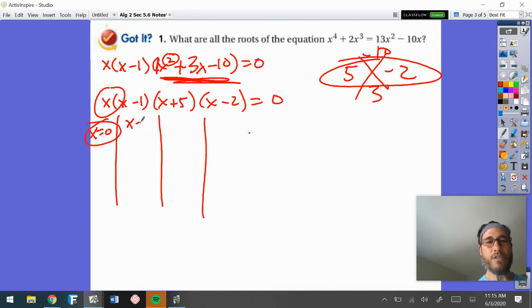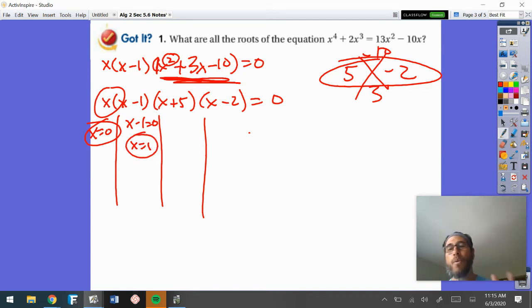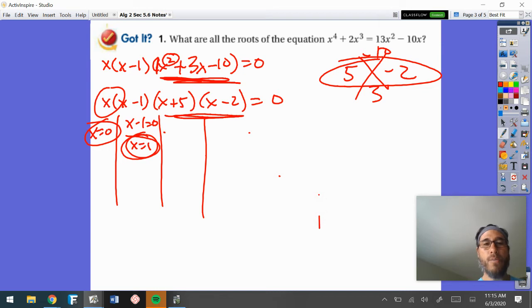This guy was x minus 1 equals 0, but we knew that, right? Because we did the synthetic division. And remember, the synthetic division gave us a remainder of 0, so it meant that was a factor. These guys, though, we didn't do synthetic division. We just factored, and we do x plus 5 equals 0, x equals negative 5. Whoa, that's a funky looking 5. And then we got x minus 2 equals 0, add 2, x equals 2.